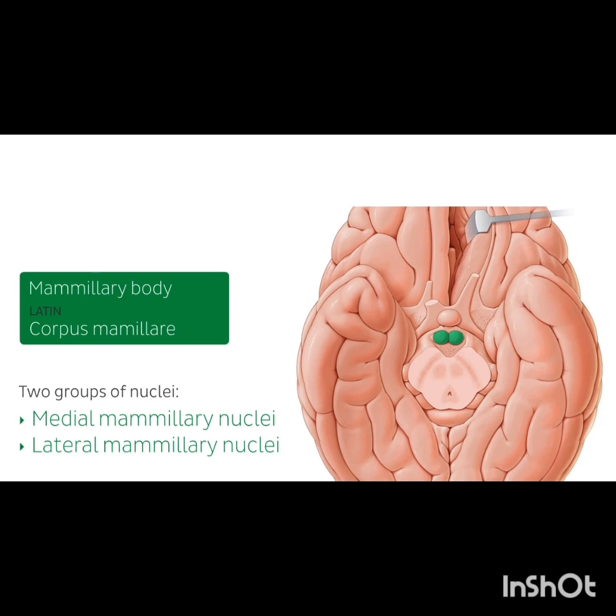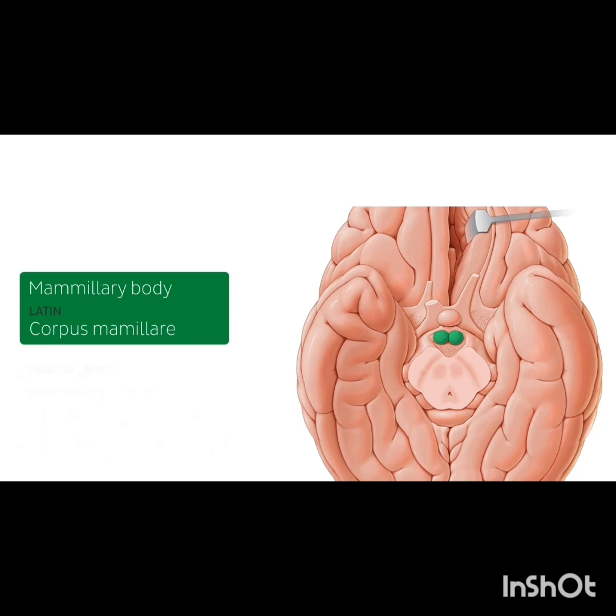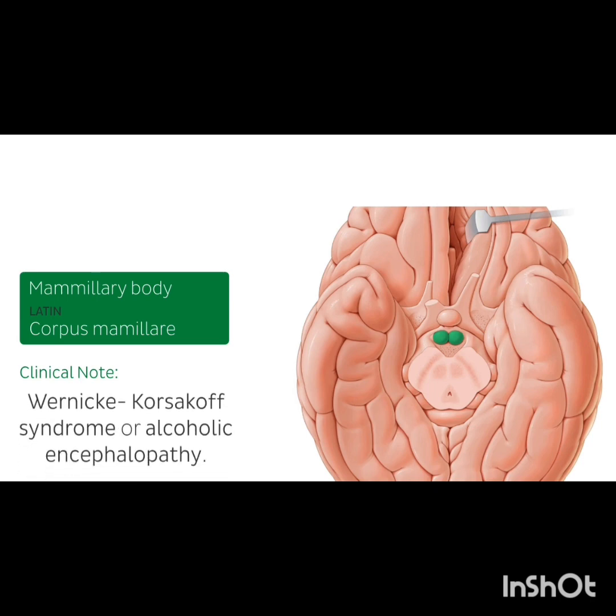I would like to take this opportunity and make a clinical note associated with the mammillary bodies. Now, the mammillary bodies demonstrate characteristic pathology in a clinical condition called Wernicke-Korsakoff syndrome or alcoholic encephalopathy. Now, this syndrome is very common among alcohol abusers, and it is actually a manifestation of vitamin B1 or thiamine deficiency.